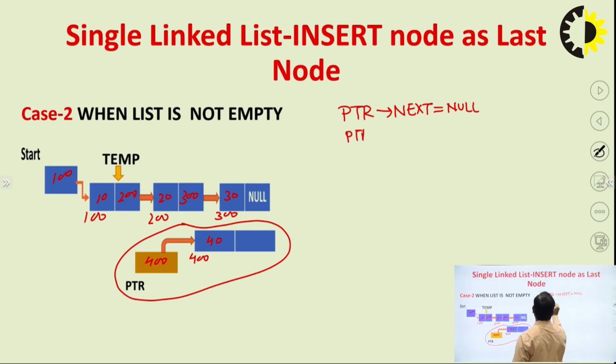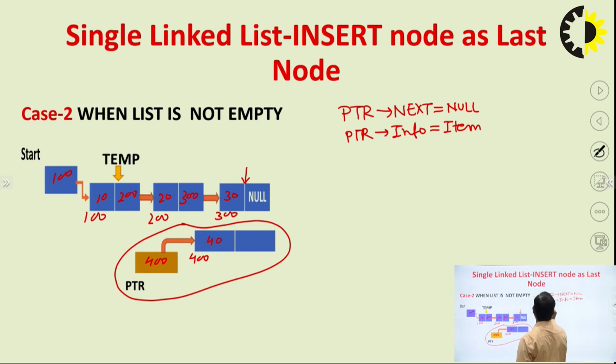PTR arrow info equals to item. Now we have to insert this node as a last node. So the list is not empty, so we have to get the address of the currently last node, because after that node we will insert the new node as a last node.